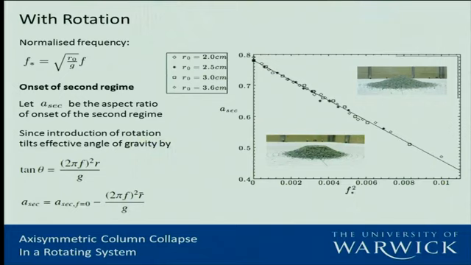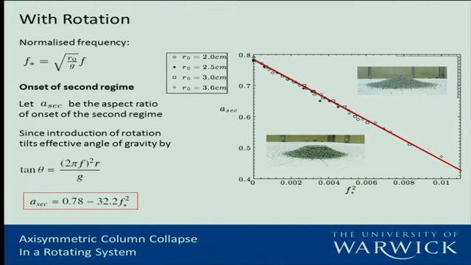And some factor, we're taking that the rotation is going to occur at some mean radius, r bar. So plotting this experimental data and comparing the aspect ratio for the onset of the second regime with the frequency squared, we find that it fits quite neatly onto this line in agreement with the relationship.